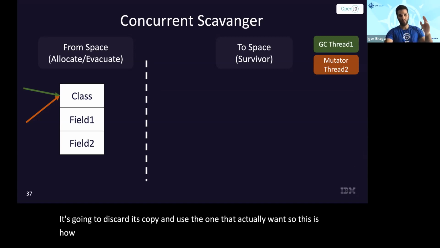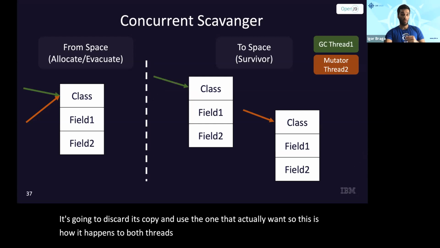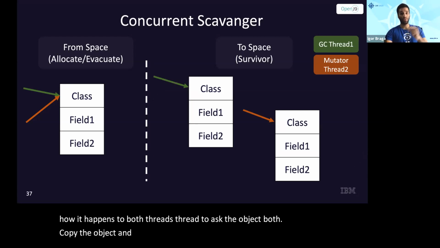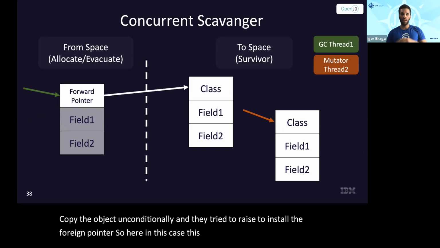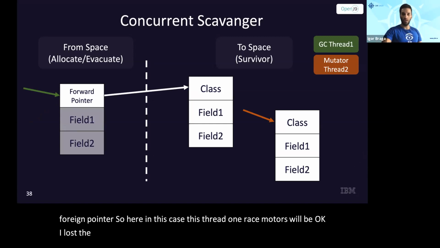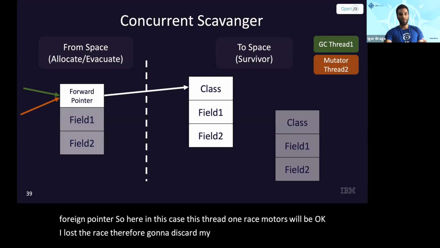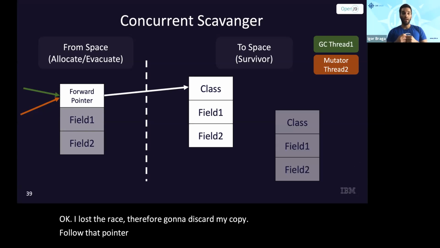So both threads try to access the object, both copy the object unconditionally, and they race to install the forwarding pointer. So here in this case, the GC thread wins the race, and the mutator thread is going to be, okay, I lost the race, therefore I'm going to discard my copy, follow that pointer and access the actual copy that we're going to be seeing throughout the application.